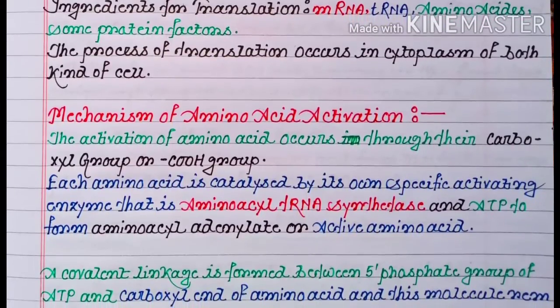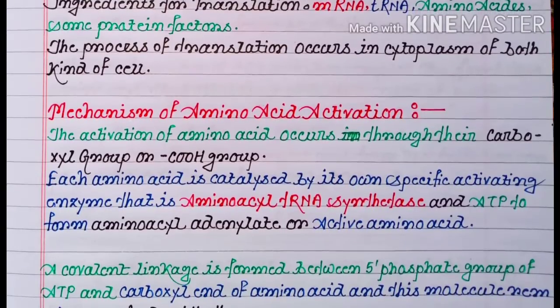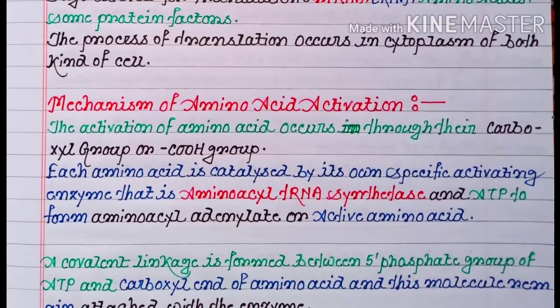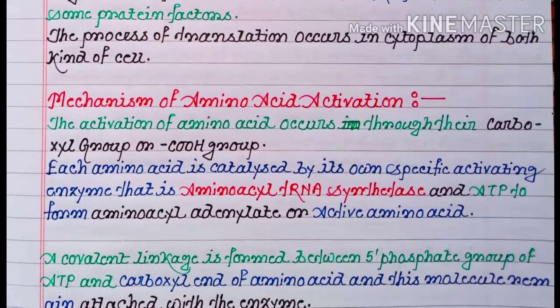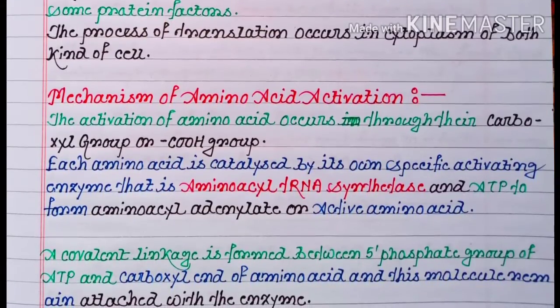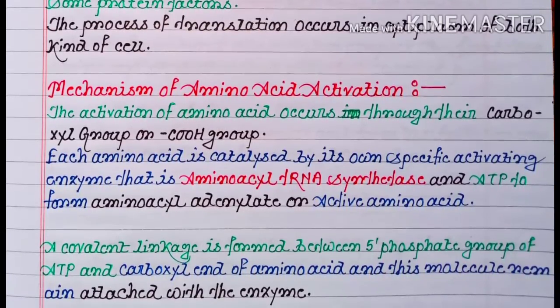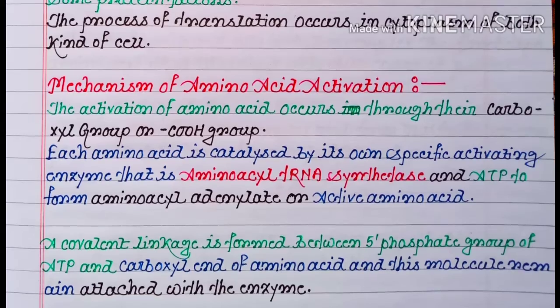A covalent linkage is formed between the 5' phosphate group of ATP and the carboxyl end of the amino acid, and this molecule remains attached to this enzyme.